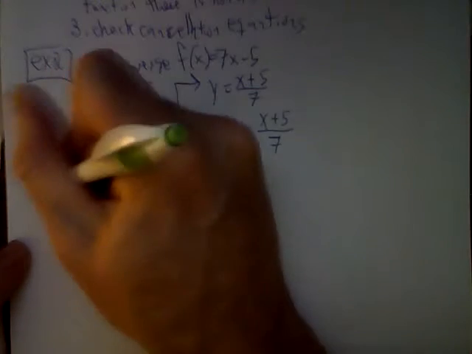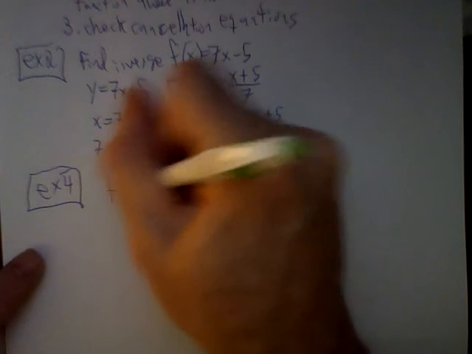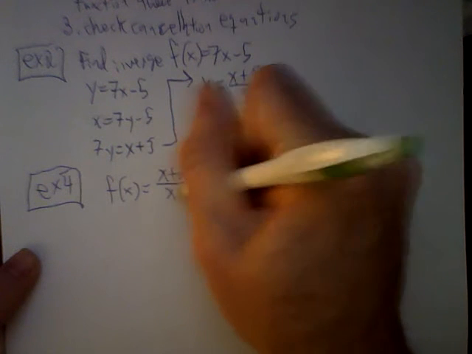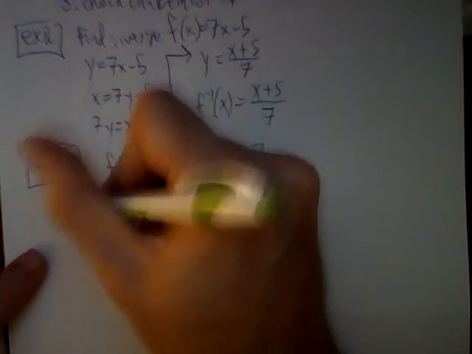Okay. Let's look at another one. So this one's a little bit more intense. So example 4, find the inverse of f of x equals x plus 2 all over x minus 3. And of course x can't be 3. So swap the x's and the y's.